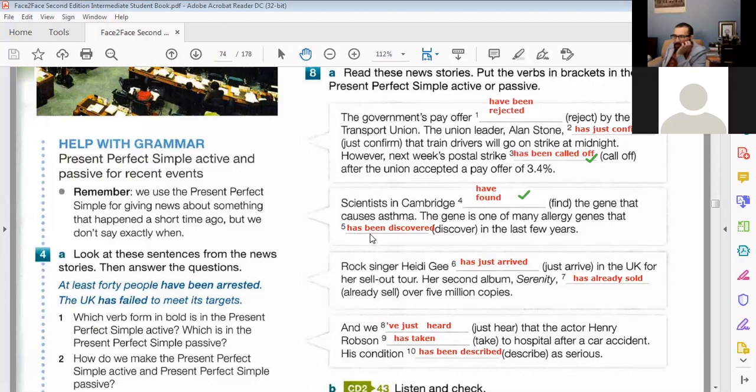The gene is one of many allergy genes that have been discovered in the last few years. Rock singer Heidi G has just arrived in the UK for her sellout tour. Her second album, Serenity, has already sold over 5 million copies. And we've just heard that the actor Henry Robson has been taken to hospital after a car accident. His condition has been described as serious.